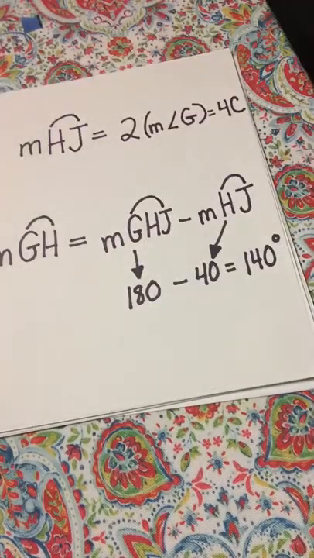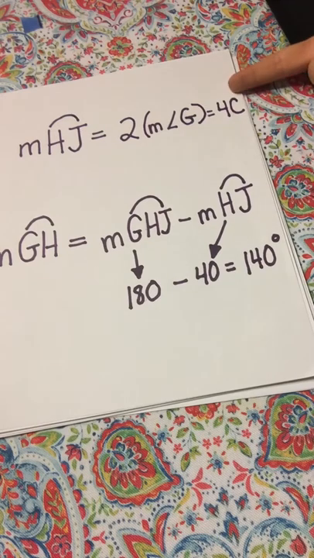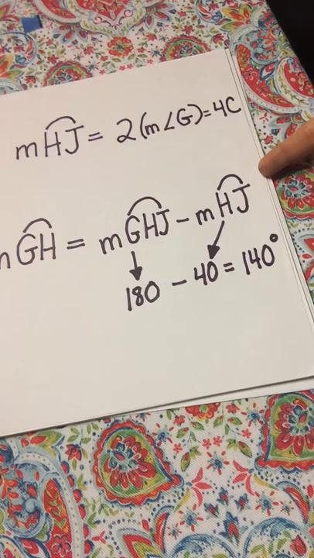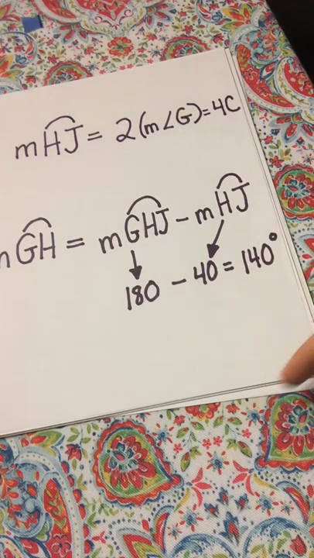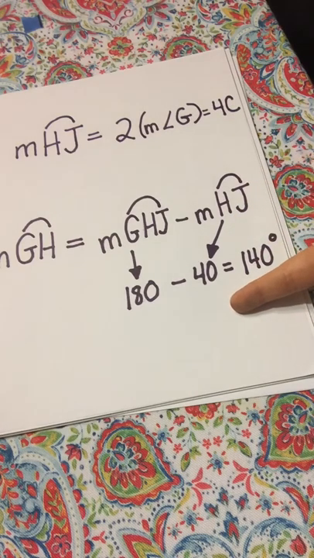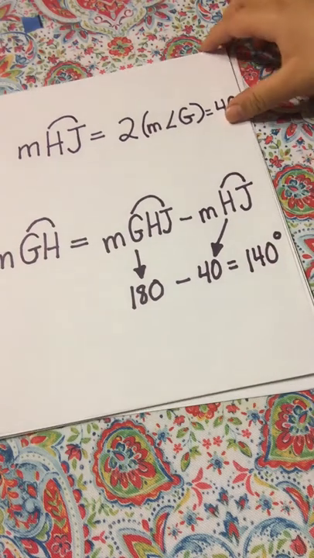So we know that the measure of HJ equals 2 times the measure of angle G, which is 40. So the measure of arc GH equals the measure of arc GHJ minus the measure of arc HJ. The measure of arc GHJ is 180 degrees, while the measure of arc HJ is 40 degrees. So when you subtract them, it makes 140 degrees.